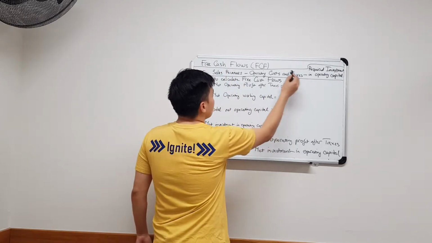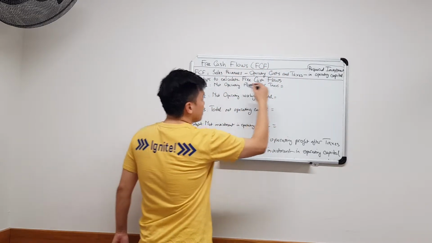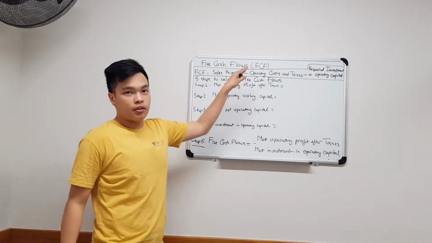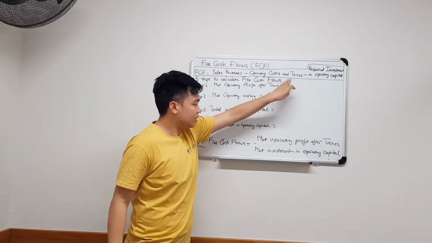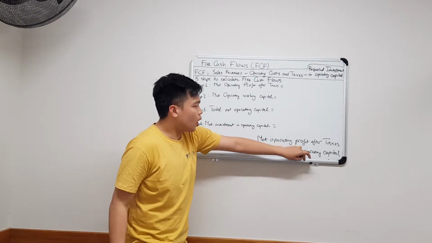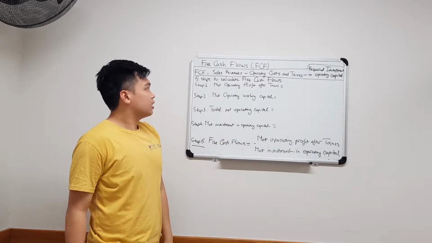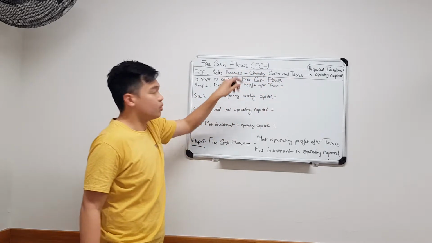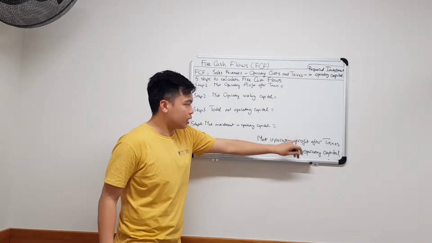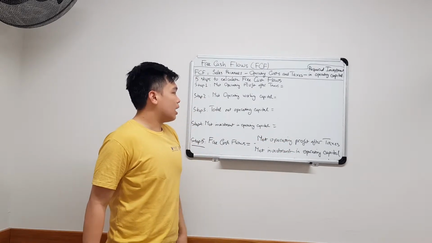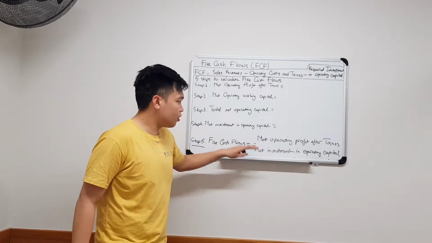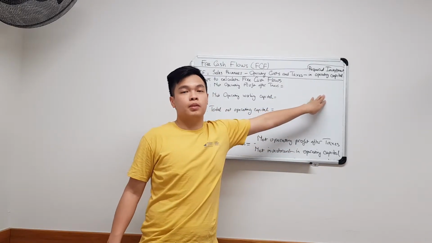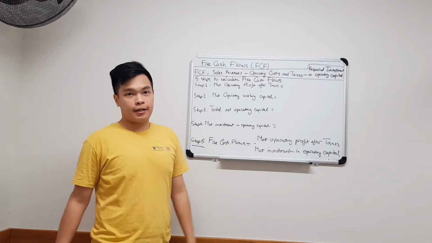FCF equals sales revenue minus operating costs and tax, which gives net operating profit after tax. Then we subtract net investment in operating capital. But how can we define that?